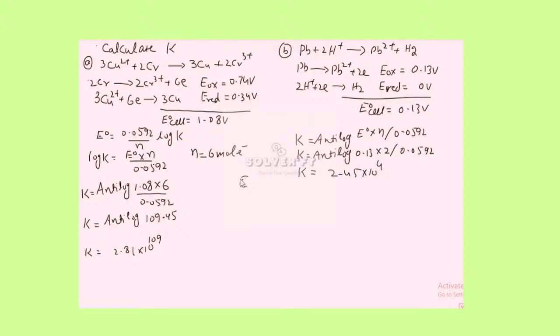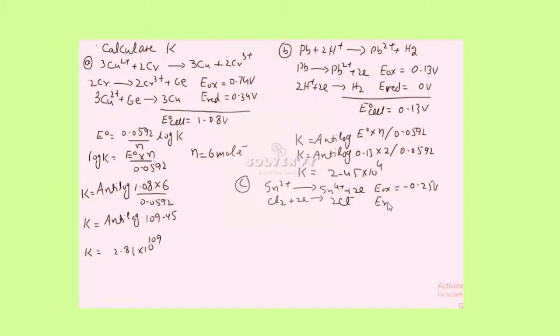In equation C, we have given that Sn2+ is oxidized to Sn4+, 2 electrons are released, so the E oxidation of the tin is minus 0.25 volt. On the other hand, the chlorine molecule Cl2 gains 2 electrons, forming 2 chloride ions.